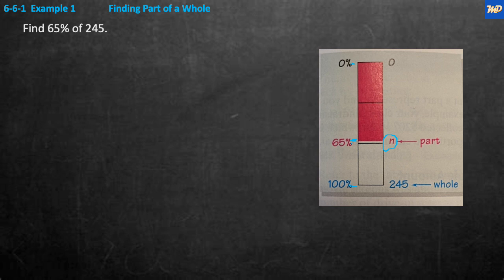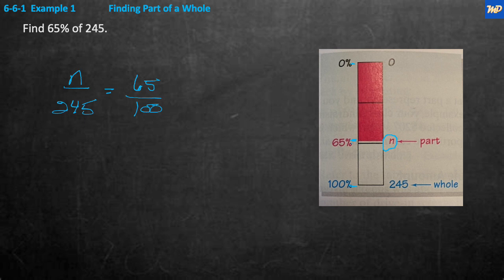So we're going to write an equation. N divided by 245 is equal to 65 over 100. So we matched them up. The n and the 65 are the piece we're measuring.